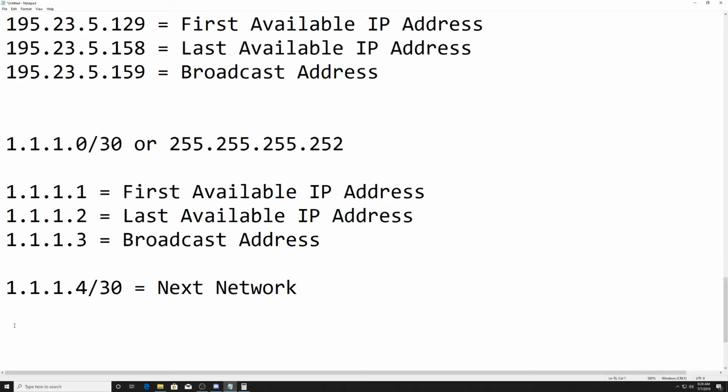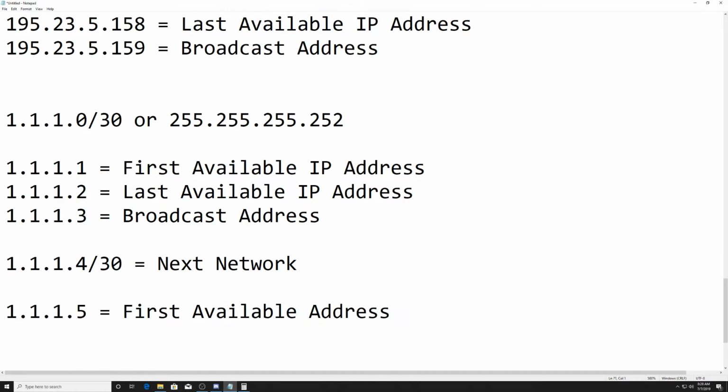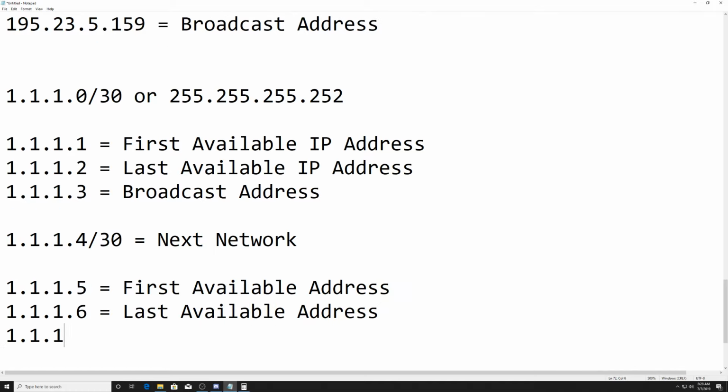But what you can use is 1.1.1.5, which equals the first available address. Last available address will be 1.1.1.6, and the broadcast is .7. That is your broadcast address.